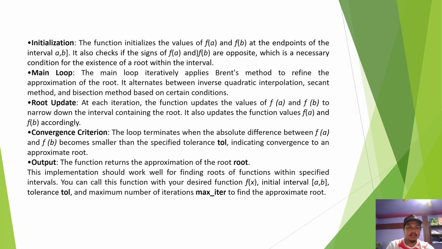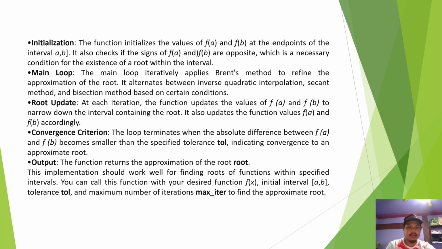Root update. At each iteration, the function updates the values of function of a and function of b, narrowing down the interval containing the root. It also updates the function values of f of a and f of b accordingly.